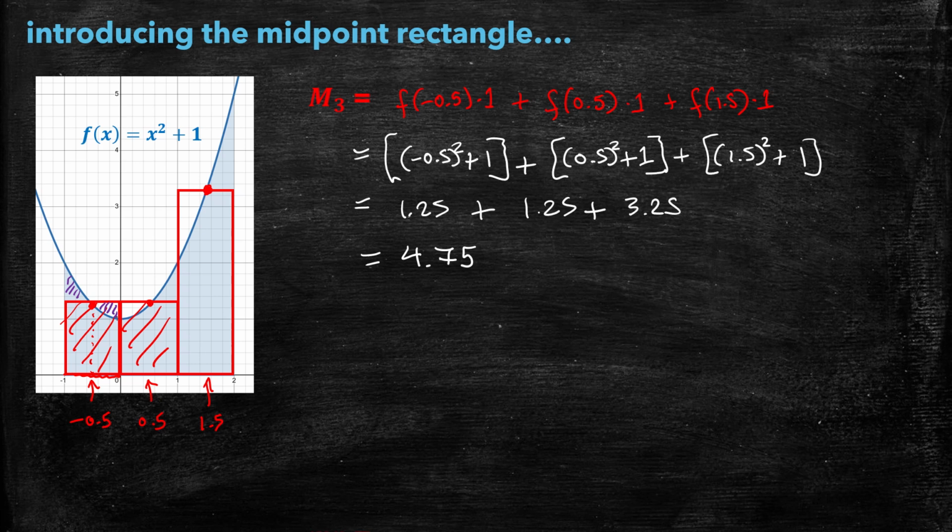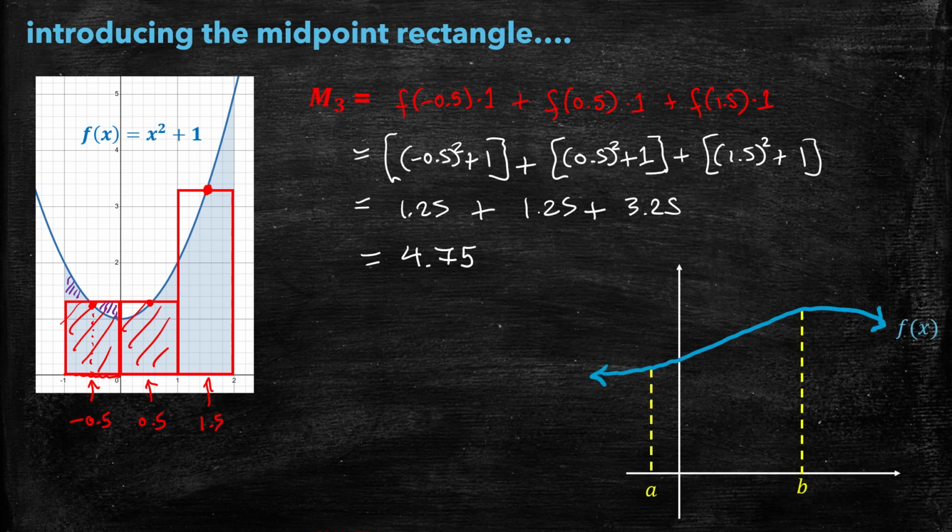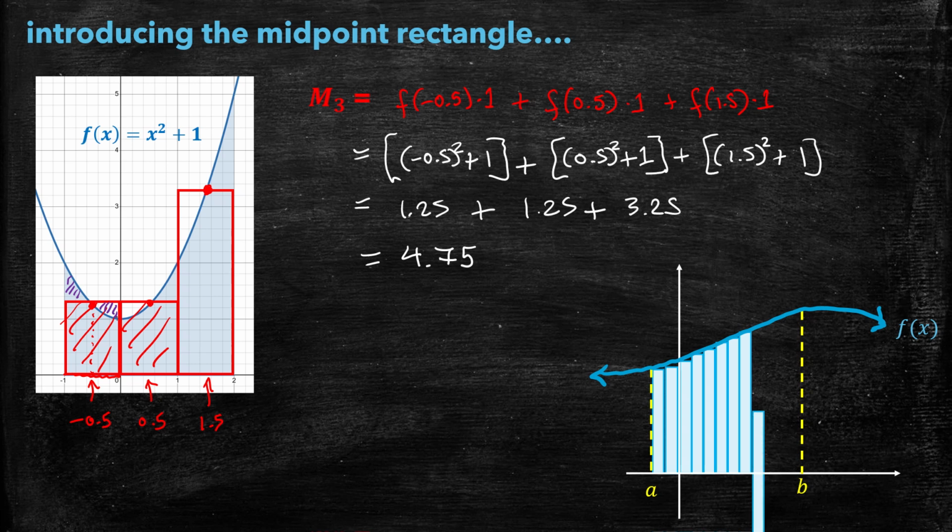But previewing what's coming in the next video: how could we find the area under a curve, say between a and b under f of x, more accurately? Well, by increasing the number of rectangles. And if we increase the number of rectangles, they get narrower and narrower. So check this out. You could use left endpoint rectangles, right, midpoint. In fact, any point in the midst of that rectangle will suffice.